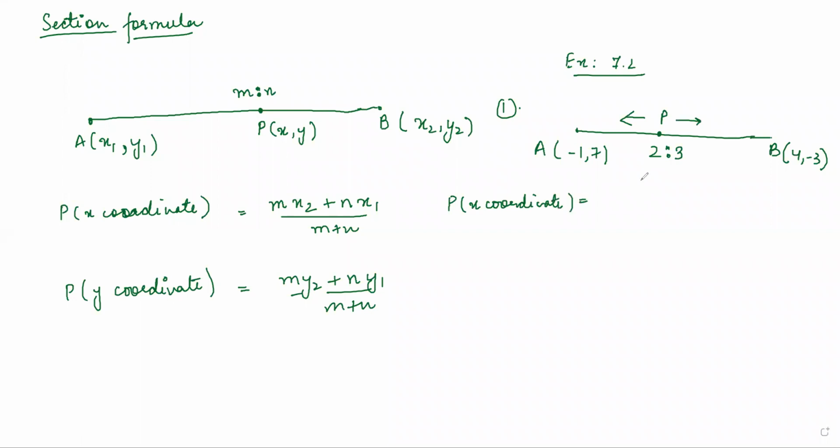M is 2, x2 is 4, plus n is 3 and x1 is -1. Always use brackets in the first step, and then 2 plus 3. So this will be 8 and how much now? -3, divided by 5. So this is 5 by 5, which is 1. So the x coordinate is 1.